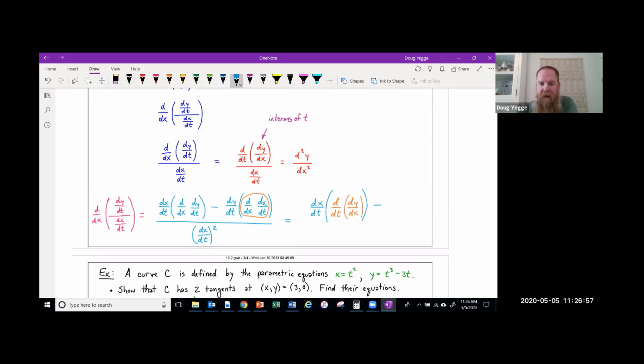And finally, we've got minus dy/dt times, and over here, d/dx of dx/dt is the same as d/dt of dx/dx. What is dx/dx though?